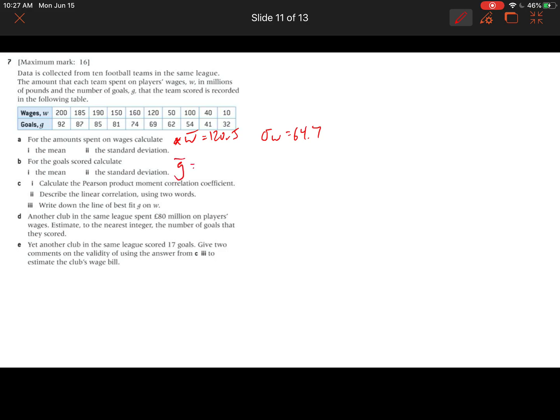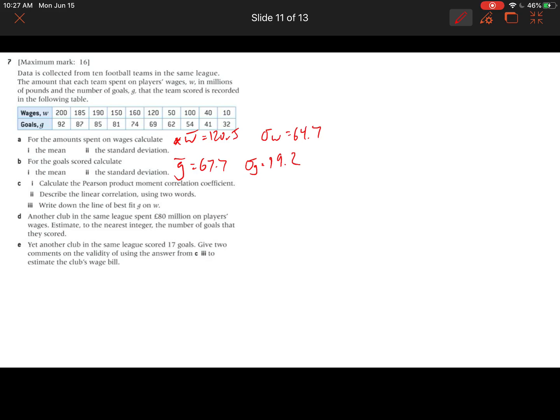This time, my mean, my G bar, was equal to 67.7, and my sigma G, my standard deviation, was 19.2. All right, now we need to find the Pearson, the line of best fit R stuff.